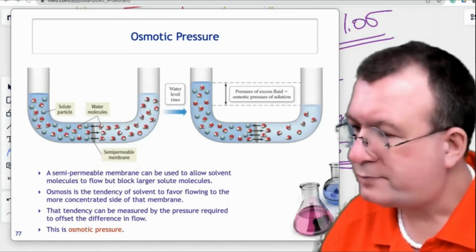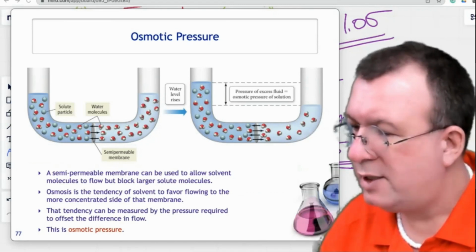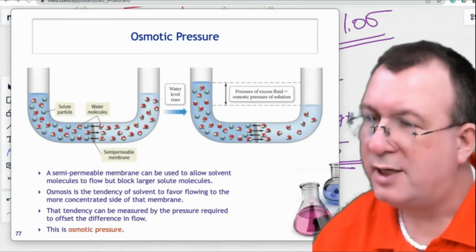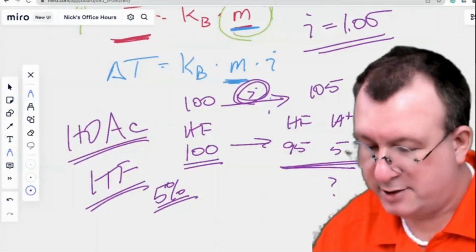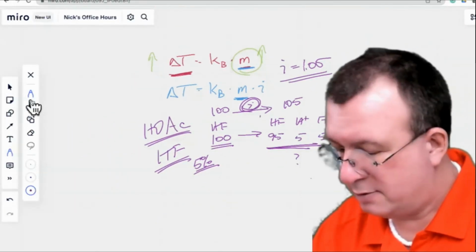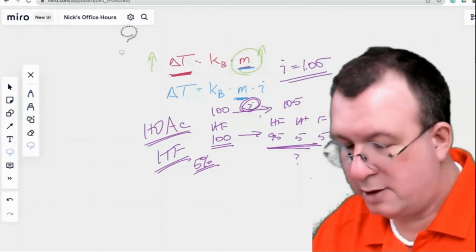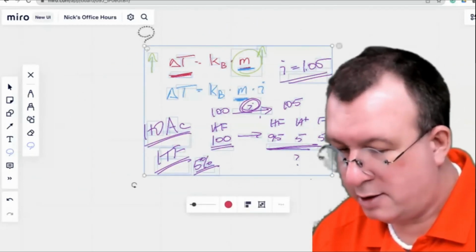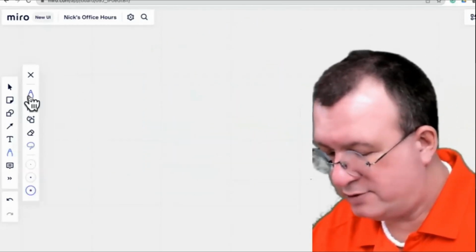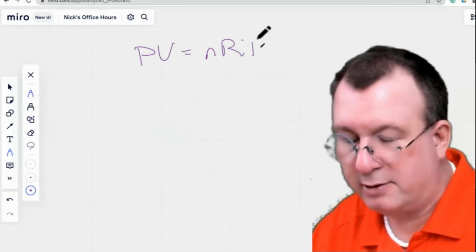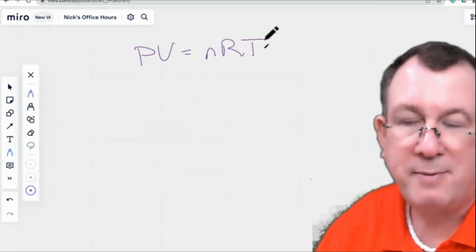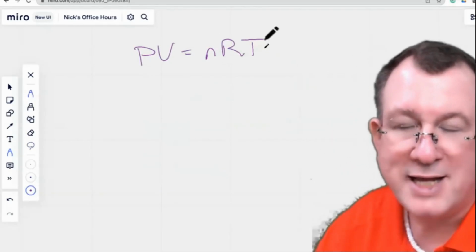Now, we can use the ideal gas law to quantify that. If you use the ideal gas law, PV equals nRT, you can put a number to that stack of solution.